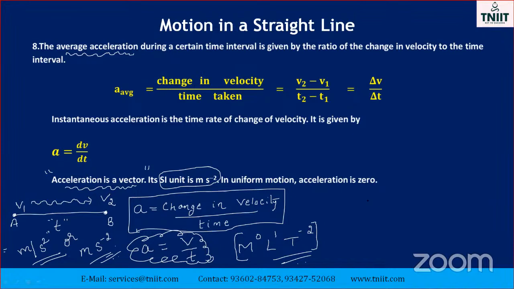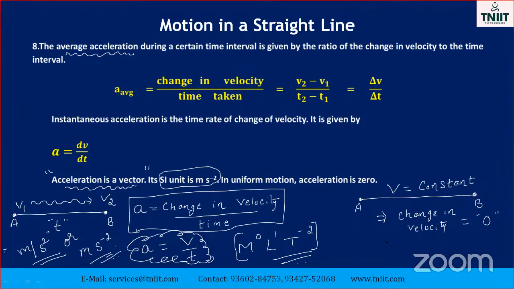Suppose the body is moving with a constant velocity, this is the point A, this is the point B. If the body is moving with a constant velocity, can you tell me what is the change in velocity? Change in velocity is 0, isn't it?